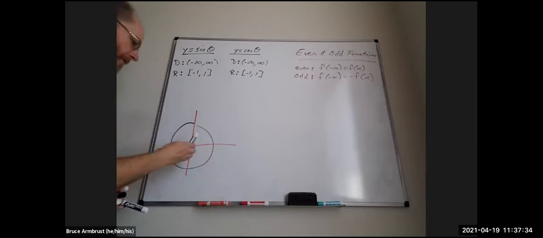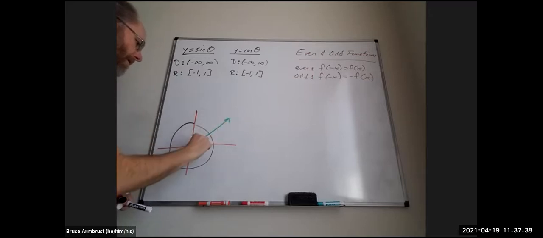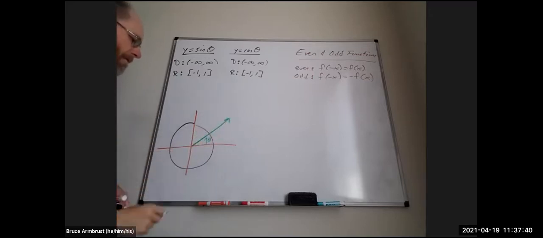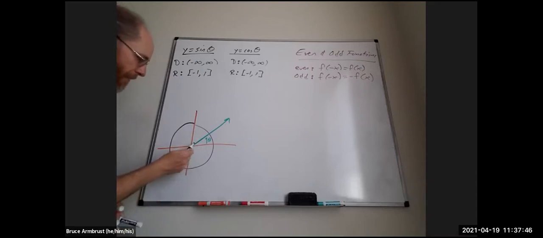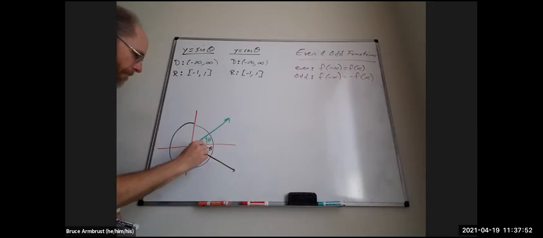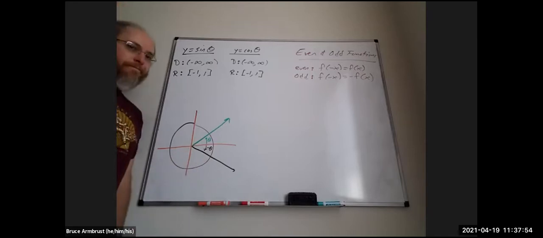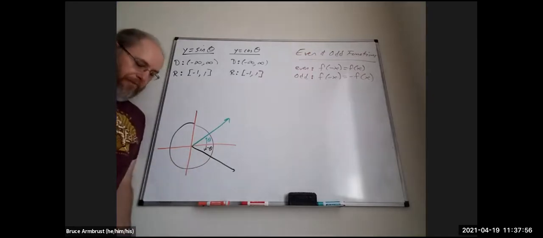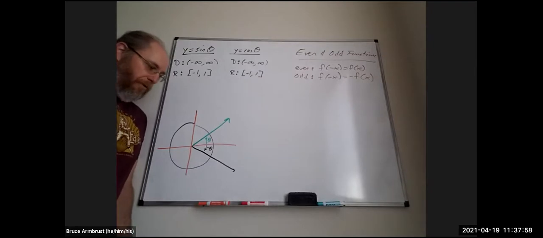So I'm going to give you a regular old theta. Let's say that this is theta. Let's think about negative theta. Negative theta means we go the opposite direction, but the same distance, same rotation.